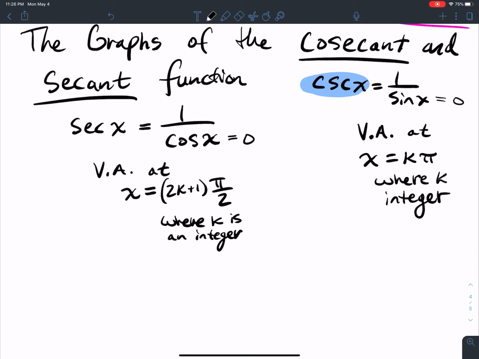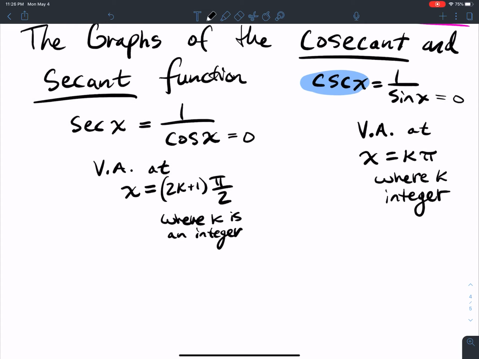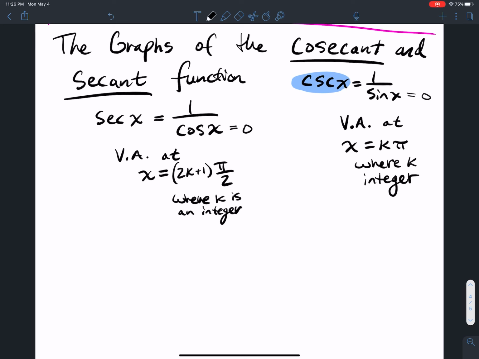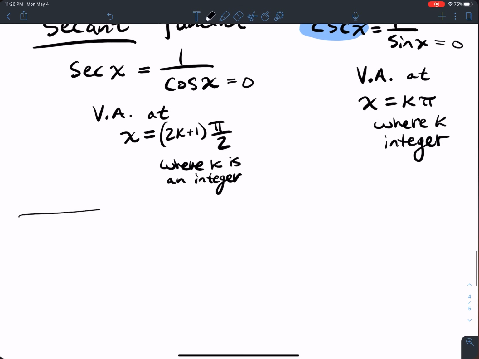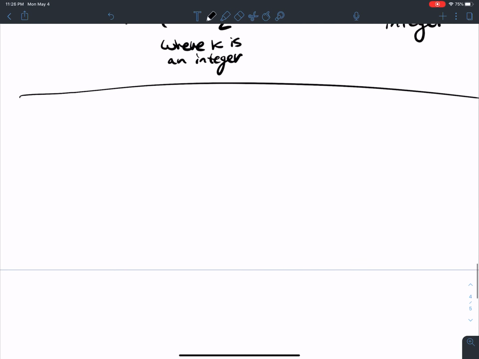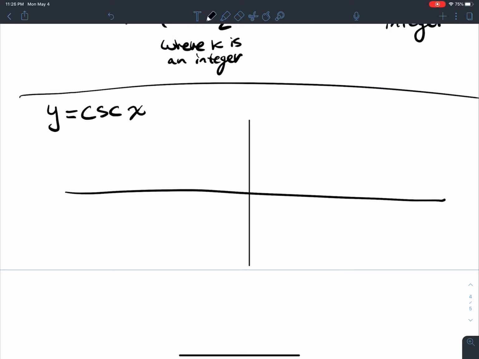So what does this look like? The way I go about graphing the cosecant, y equals cosecant of x, is I first look at the sine curve.